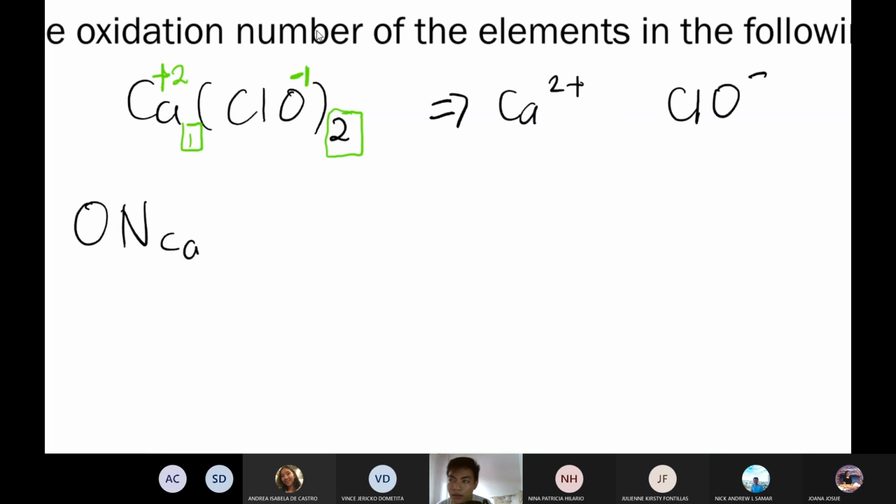Always split the ionic compound into ions so that the equations will be simpler. It's still possible otherwise, but it will be tricky with some questions.